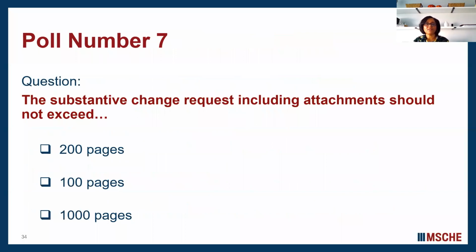Okay, that ends that segment. Now we're on to another polling question. The question is, the substantive change request, including attachments, should not exceed 200 pages, 100 pages, or 1,000 pages. I'll give you a few seconds to respond to that.